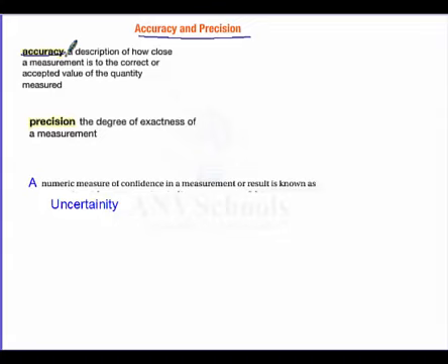Accuracy describes how close a measurement is to the exact value. Is the measurement very close to the exact value or far away from it? So accuracy is defined as the closeness to the exact value.